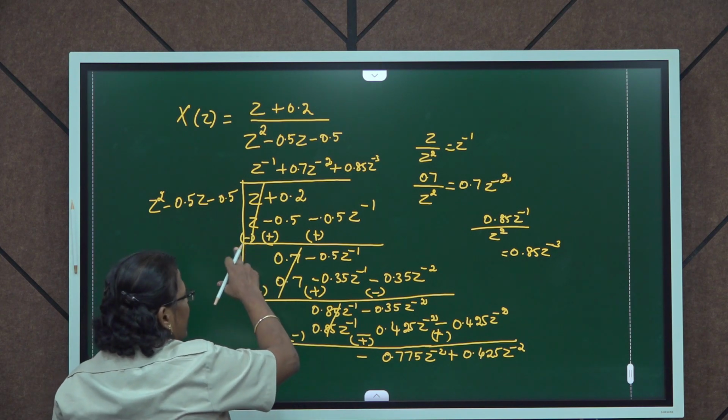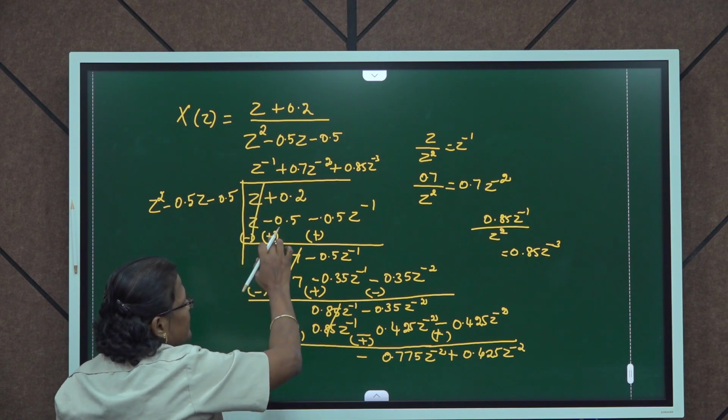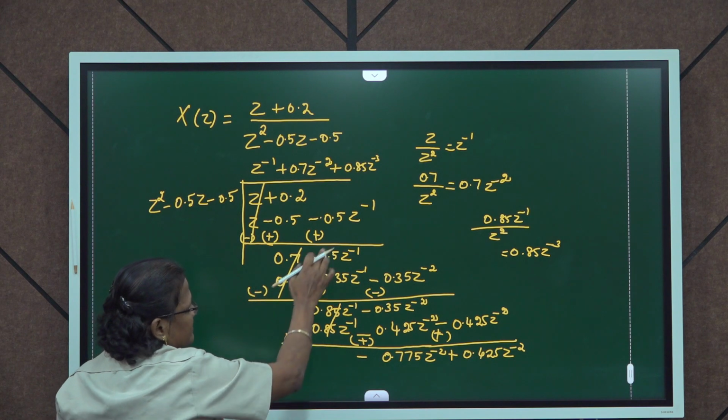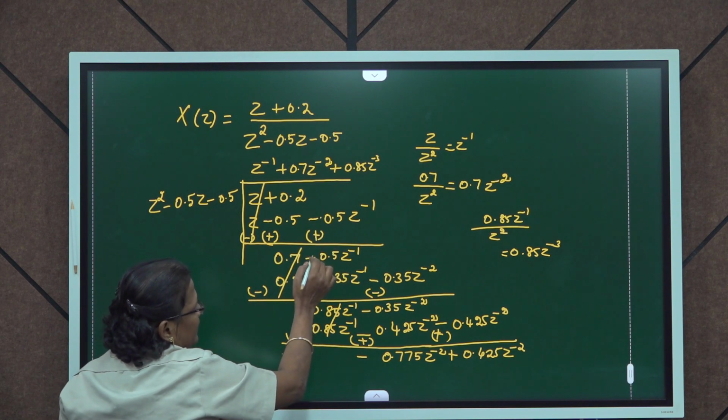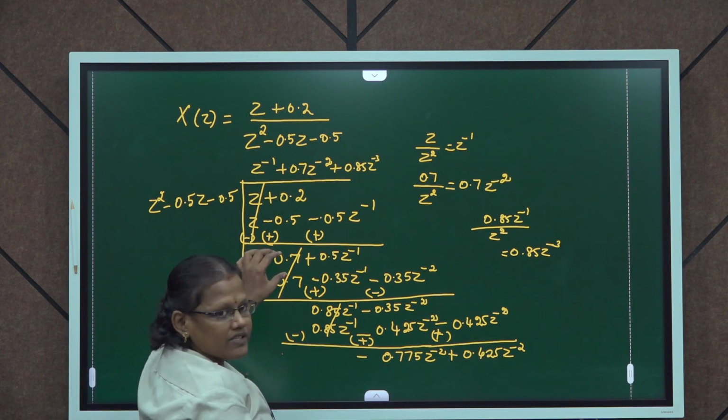By subtraction, we have to change the sign of the second term. So z will get cancelled, this term will be plus, and 0.5 plus 0.2, which is 0.7, and this is plus 0.5 z inverse. Okay, then the same process has to be repeated.